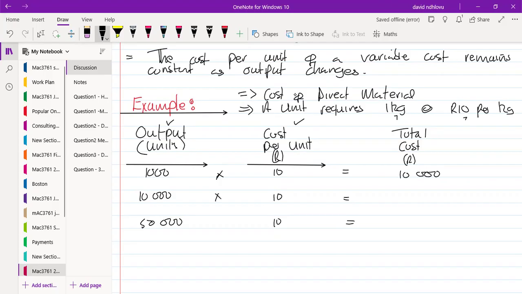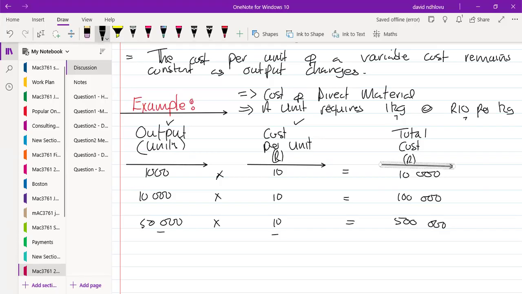If we are now producing 10,000 units, we're going to need 100,000 rands to buy the material. If we are now producing 50,000 units, and each unit requires 10 rand, we are going to have 500,000 rand on hand to be able to purchase enough material to produce the 50,000 units.